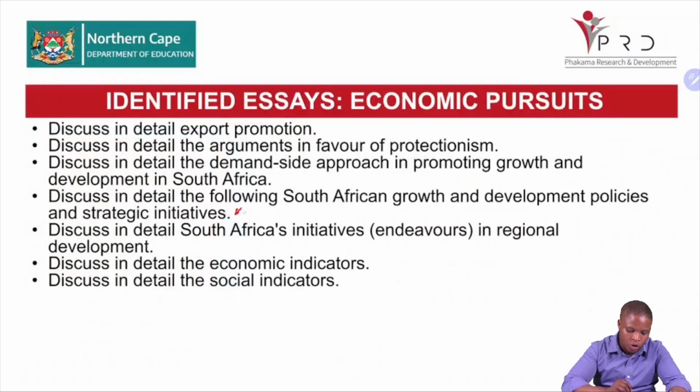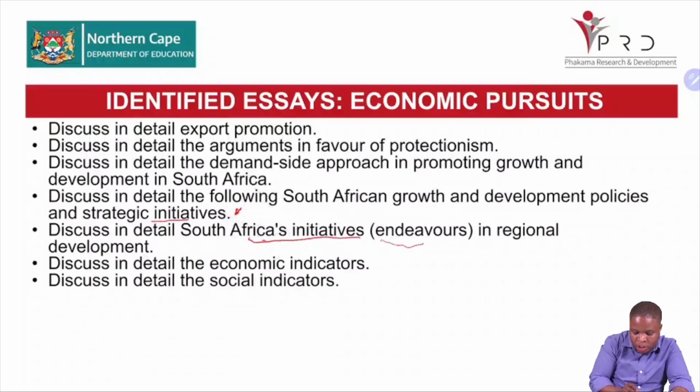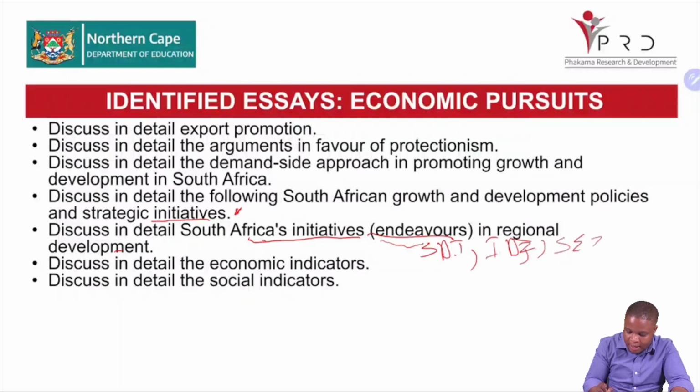this one is for your GDP, your RDP, GIA, GEAR, and then this one will be the endeavors, the South African initiatives. So they come under initiatives here, and then this one is for regional development. You are discussing the endeavors, your SDI, IDZ, SEZ, and corridors.